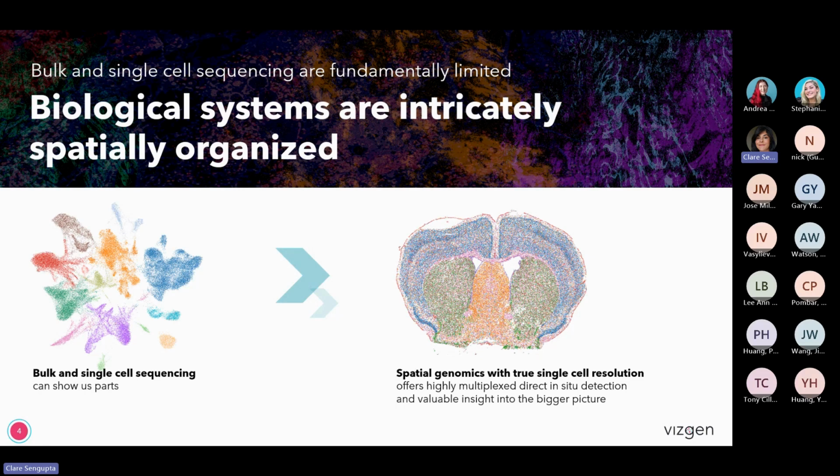With spatial genomics, you can achieve this true single cell resolution as we saw in the previous slide, and it's transformed our understanding of these cell type and cell specific relationships due to this added valuable insight. We can see the bigger picture by doing this highly multiplex direct in situ detection in an intact piece of tissue slice.